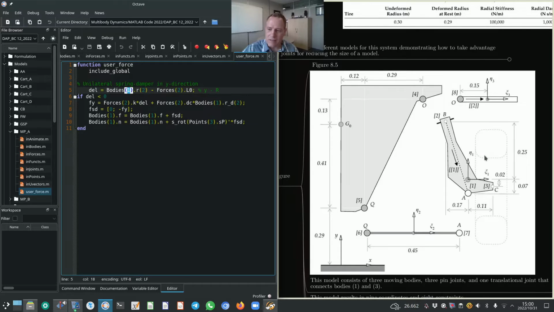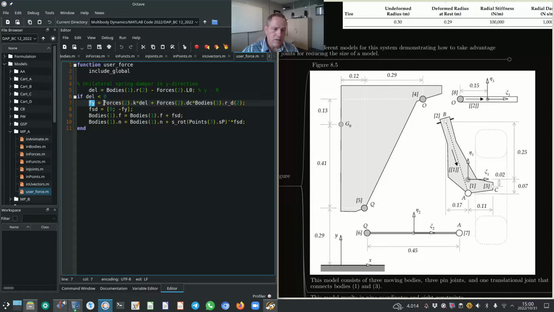This is body 1 that we are interested in, and he then subtracts the undeformed radius of the wheel, which we've passed to user_force. He then performs a logical check: is del less than 0, and if it is, he then calculates Fy, the reaction force on the wheel.